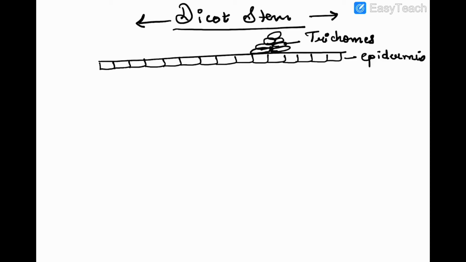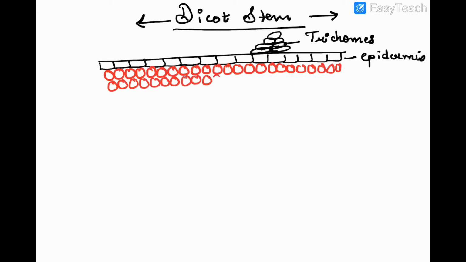After the epidermis, the next layer in the dicot stem is the hypodermis, which is made up of collenchymatous cells.